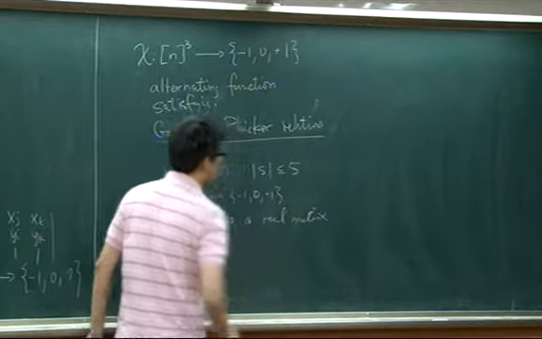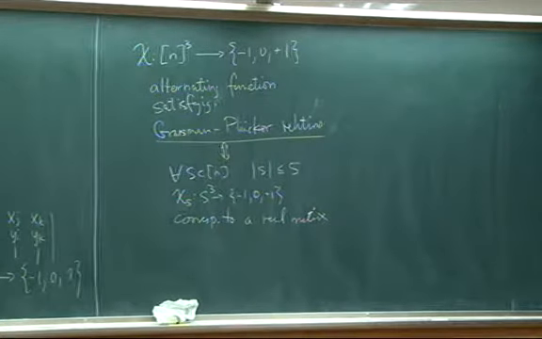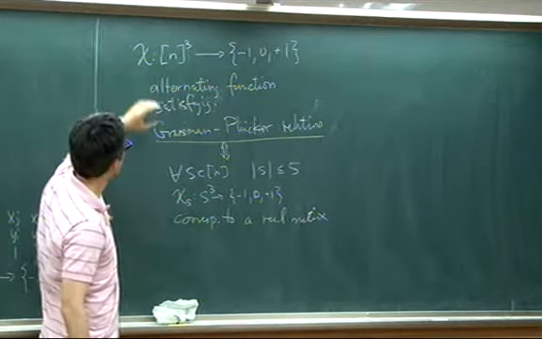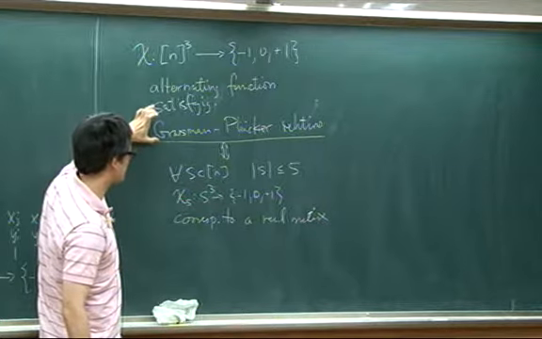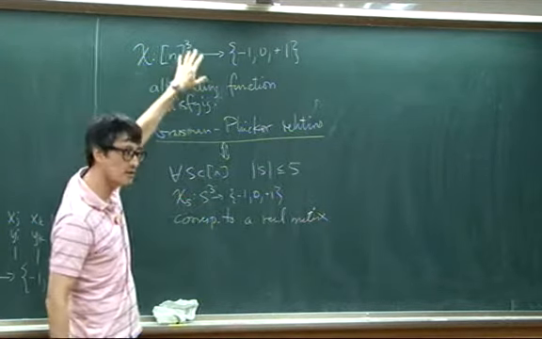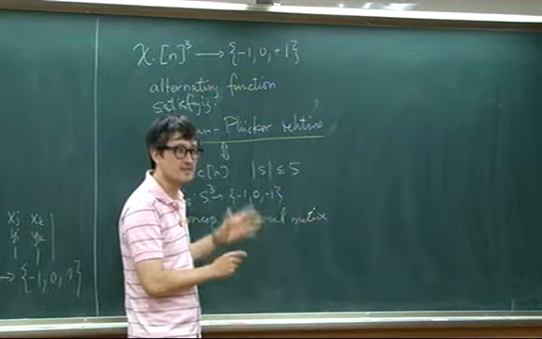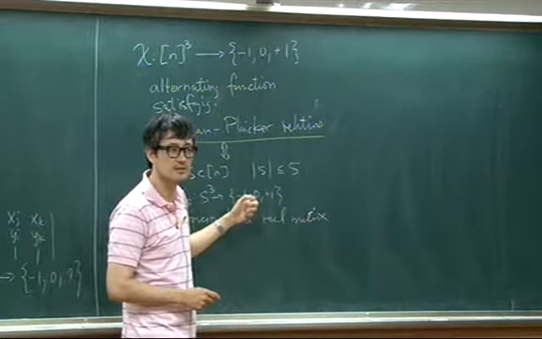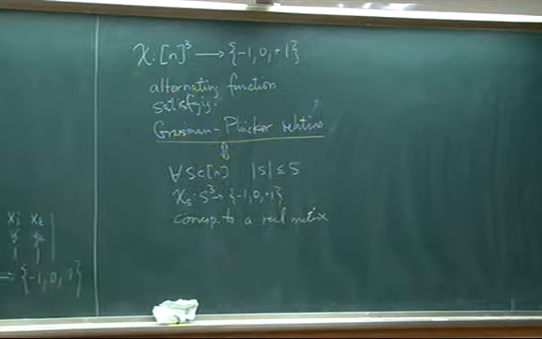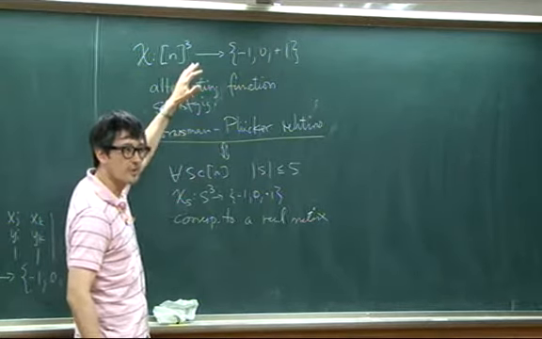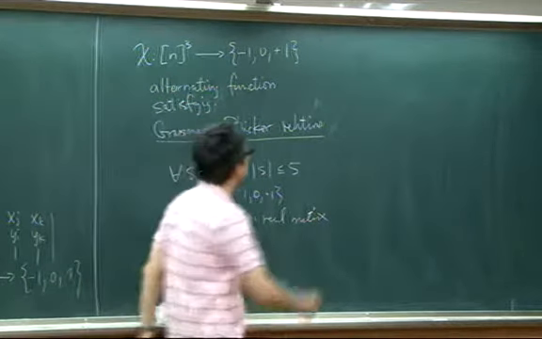This is something called the local realizability theorem. So this map, an alternating function satisfying the Grassmann-Plücker relations, is the same as saying that whenever you take 5 or fewer columns, you can actually find a real matrix that does exactly what that map says. So this is called local realizability. If you have local realizability, then that's the same as satisfying these Grassmann-Plücker relations, and you have an oriented matroid.